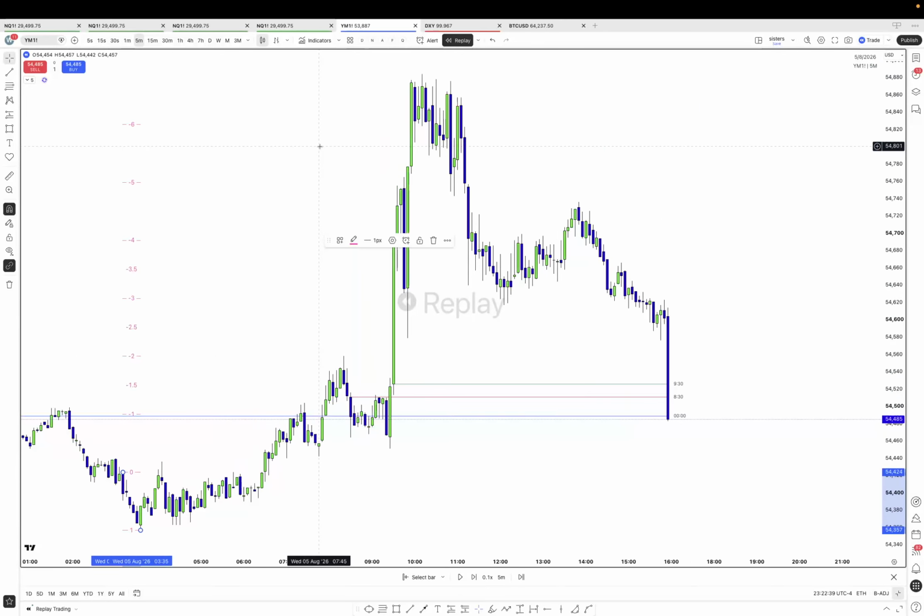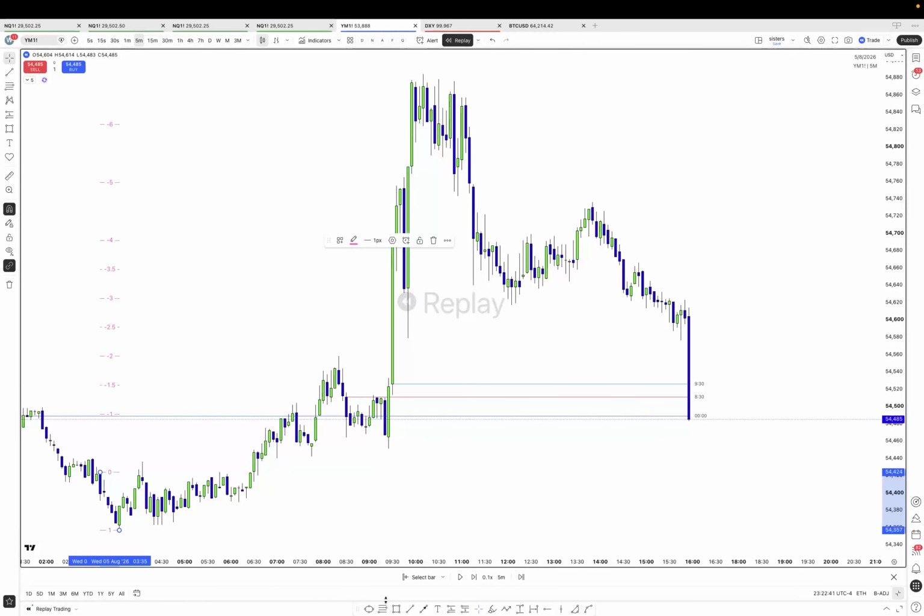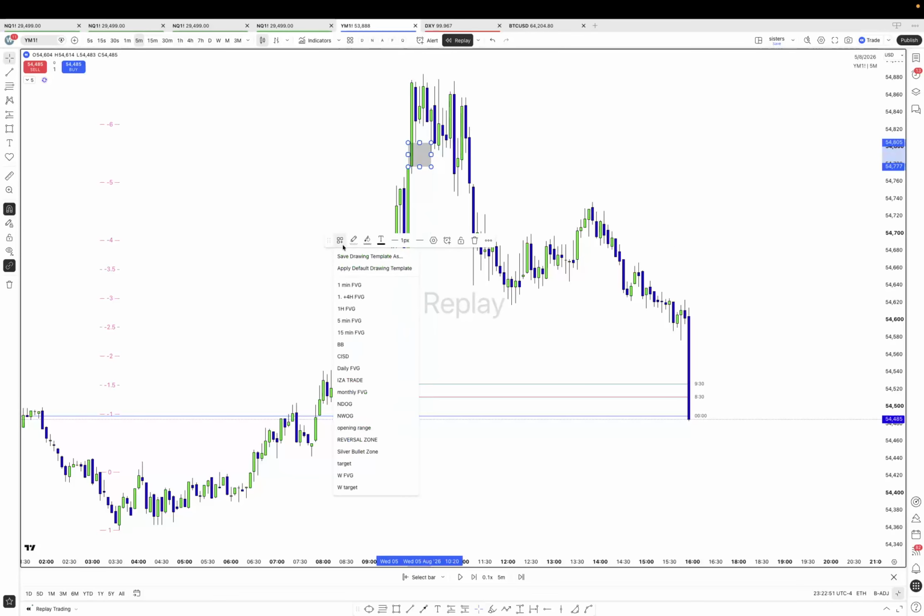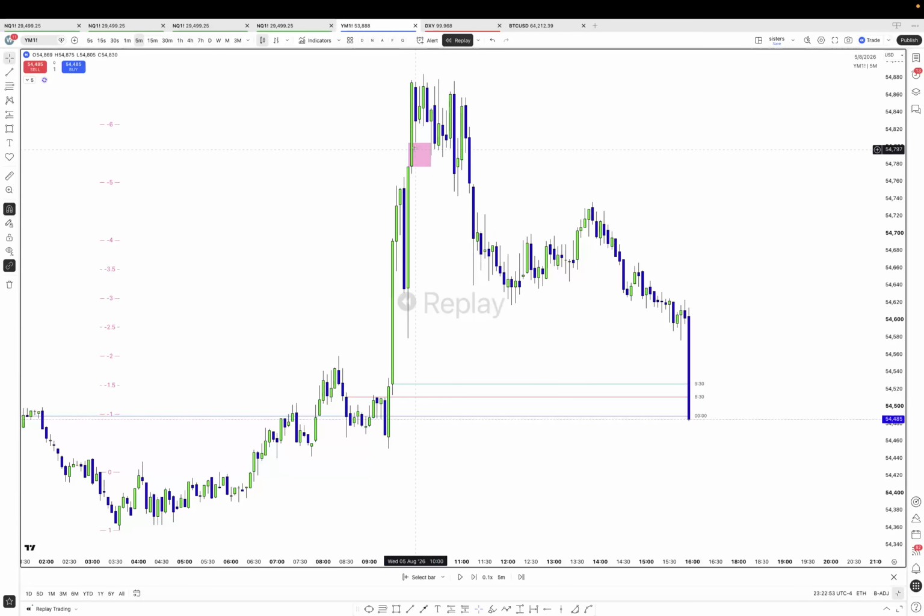Confirmation for me to take a short is when we have a failure of a PD array, in this case, a fair value gap. We got a 5-minute fair value gap where price fails to push price higher, right?